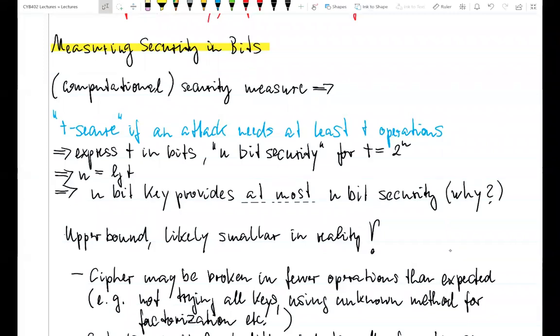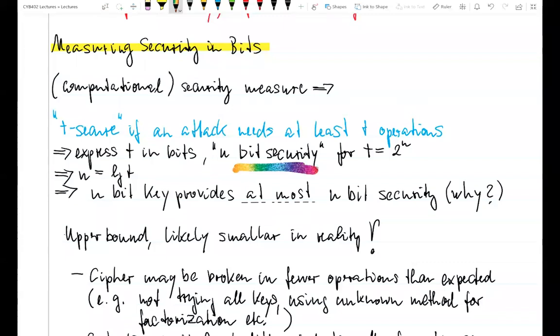So a cipher is T-secure if an attack needs at least T operations. So in order to break a cipher, we need to have a number of operations, and that number of operations can be taken as a measure for the security of that cipher. And what we can do is express that number in terms of bits, and that gives us n-bit security.